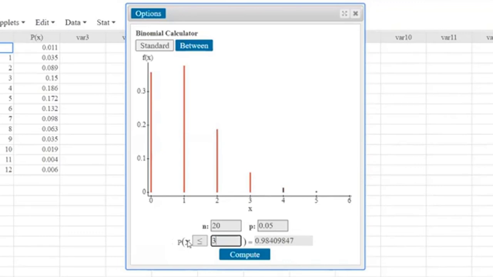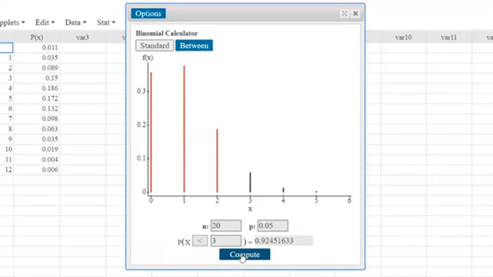Now, I could ask a very similar question, but it's really different. If I said, what's the probability that fewer than 3 of the 20 patients suffer insomnia? Fewer than 3 means not less than or equal to, it just means less than. So fewer than 3 would give me a different answer. That would be 0.9245.